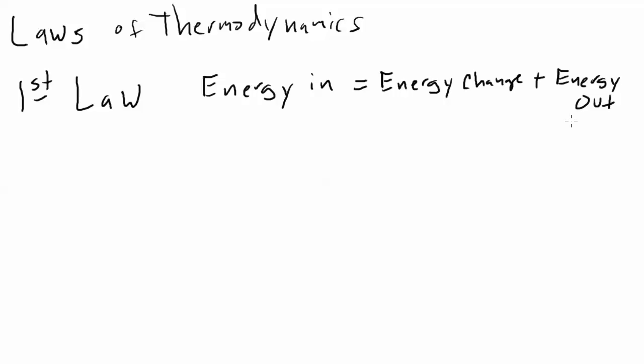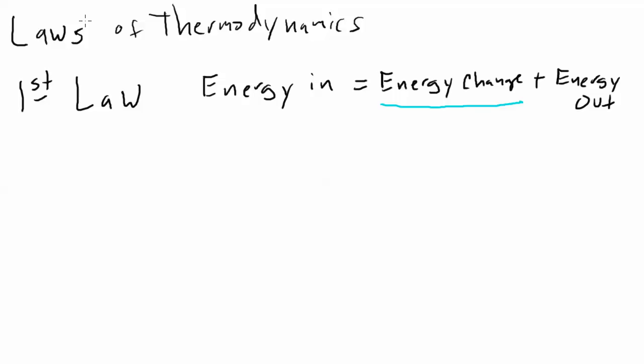Basically what the first law says is that when you have a system, which is just some part of the universe that you're looking at, and there's an energy change in that system, the energy in is going to equal the energy change plus any of the energy that leaves the system.